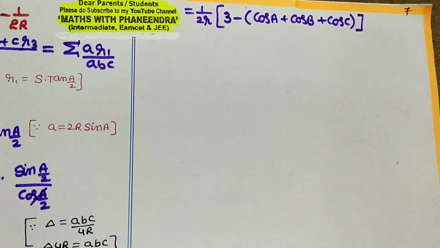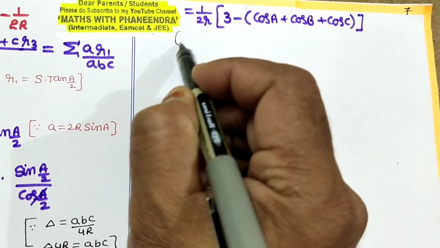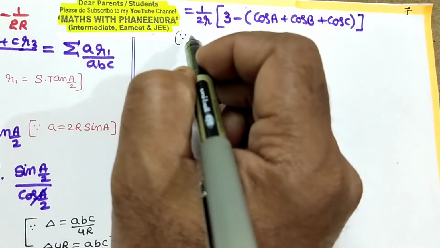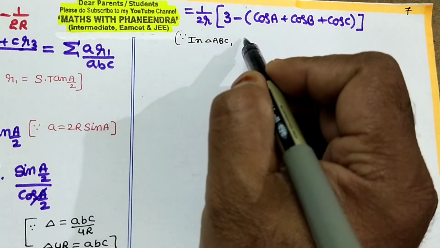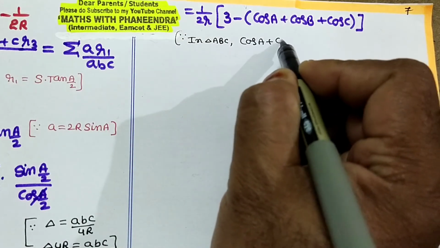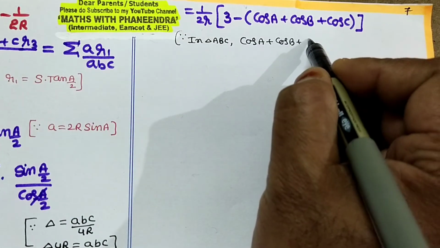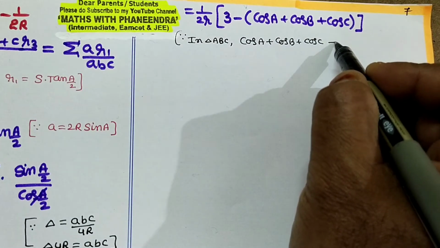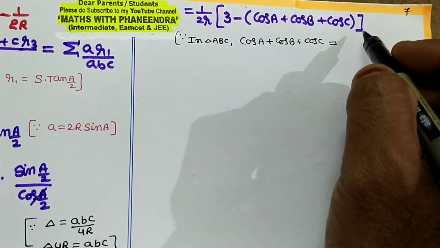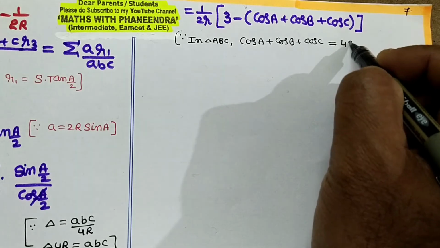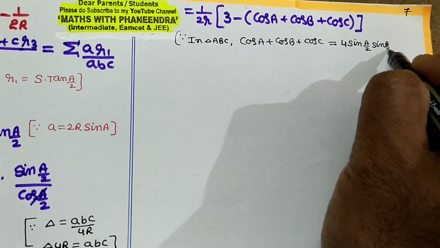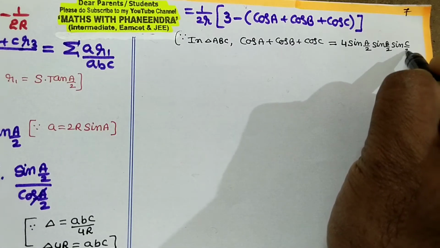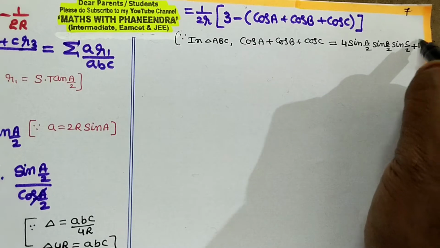In the previous sessions we discussed that in triangle ABC, cos A plus cos B plus cos C, even in exam you should write like this, equal to 4 times sine A by 2, sine B by 2, sine C by 2 plus 1. This is the standard result, you remember.